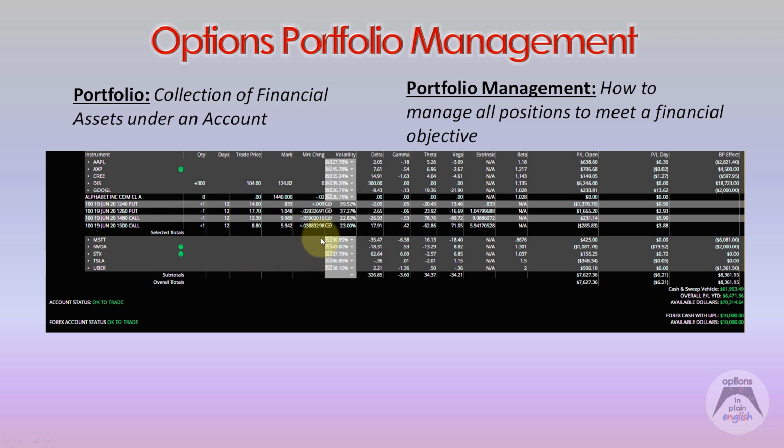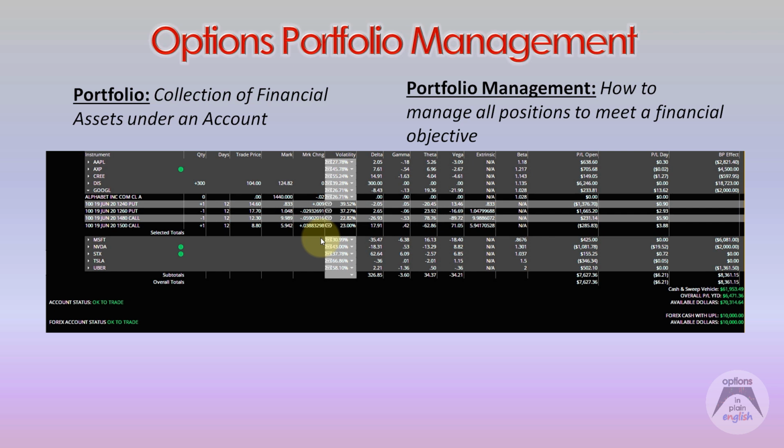Now, under your account, you might have several portfolios. For example, you can have an income portfolio, you can have a growth portfolio, etc. The main property of a portfolio is that all those positions under a certain portfolio work towards a single objective. So they have a particular goal when taken together.